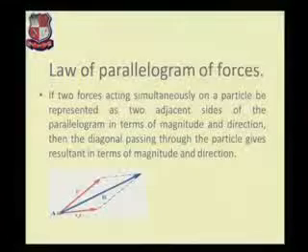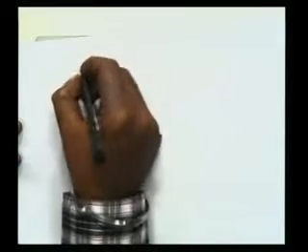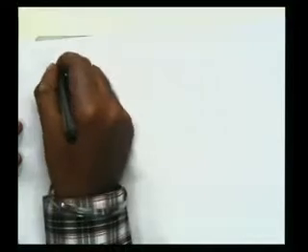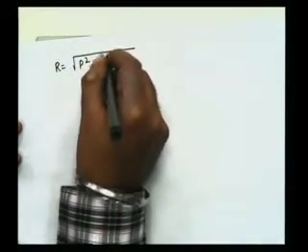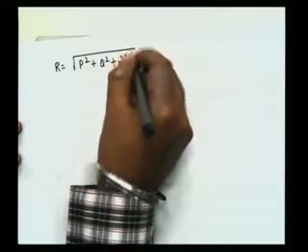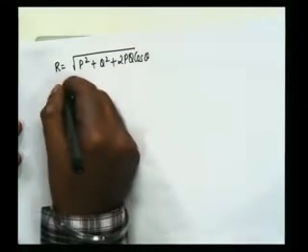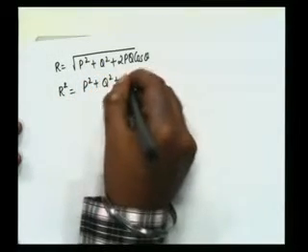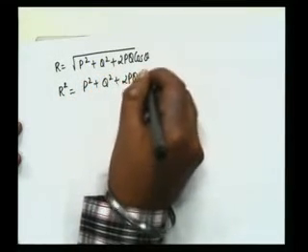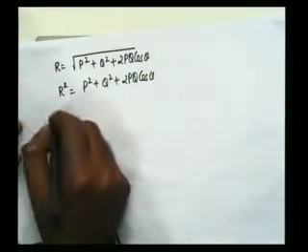Now, looking to the first case, we are having the equation of resultant, that is R is equals to under root of P square plus Q square plus 2PQ cos theta. On squaring both the sides, we will have R square is equals to P square plus Q square plus 2PQ cos theta. For the first case, we are having R is equals to under root 40 kilonewton.